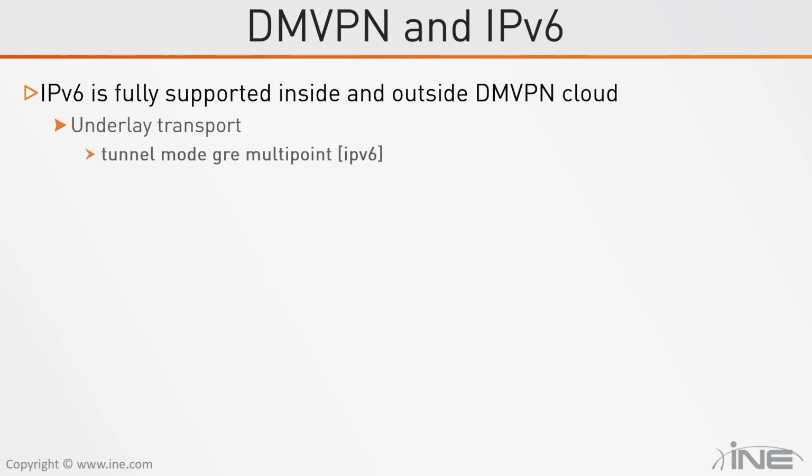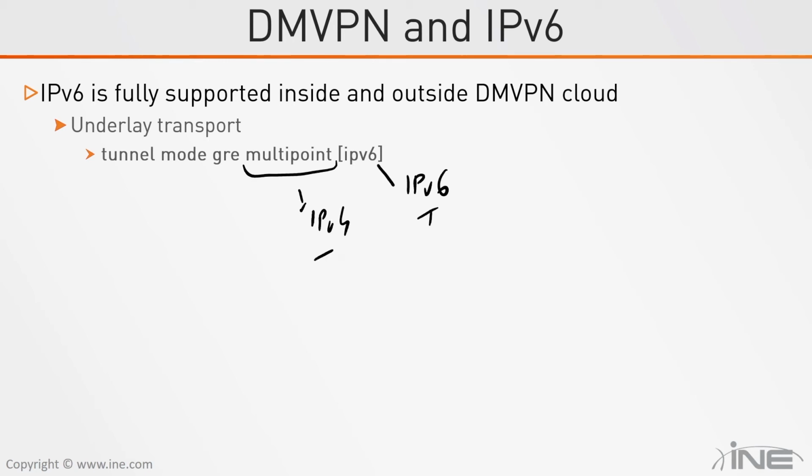Now, in case of the underlying transport, which is what type of IP we are going to use to build our GRE tunnels, this is something that is going to be controlled by the tunnel mode GRE multipoint command with or without the IP version 6 keyword. So when you say tunnel mode GRE multipoint IPv6, this means that you want to use IP version 6 as your transport. When you simply say tunnel mode GRE multipoint without IPv6, this means that you want to build a version 4 GRE tunnel.